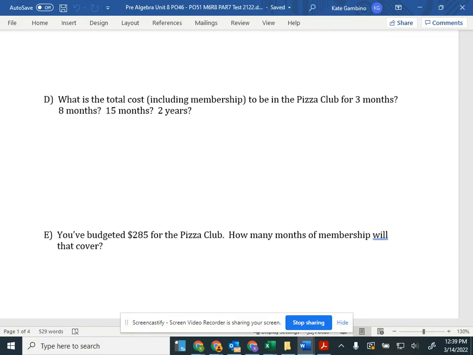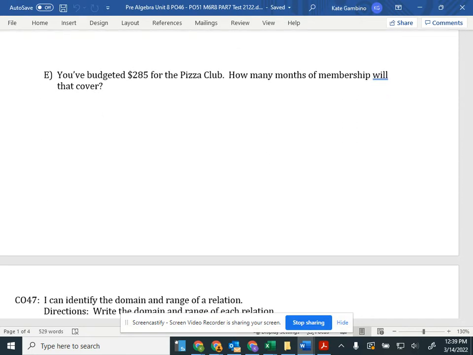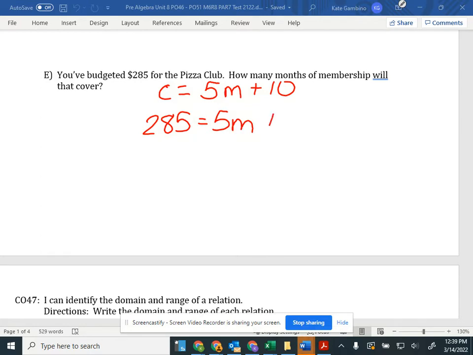the bottom one. It says you budgeted $285 for the pizza club. How many months of membership will that cover? Well, remember our equation was the cost equals $5 a month plus 10. We're going to use that same equation and put in the information that we know. Instead of knowing how many months, we know that final amount is $285, and we want to solve it for how many months.